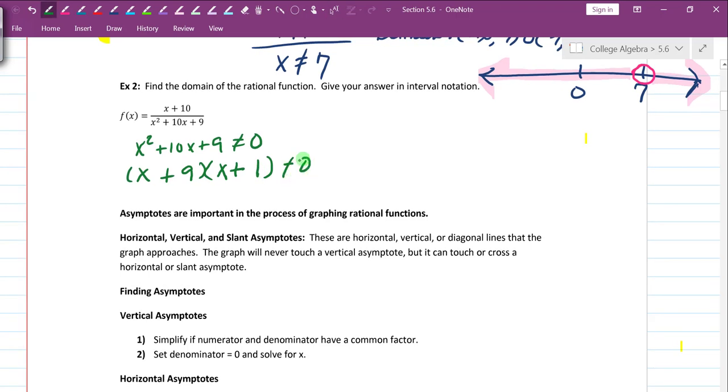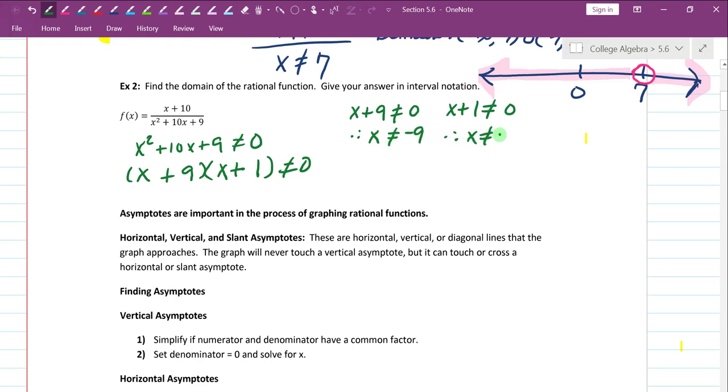So we set each factor: x plus 9 cannot equal 0, and x plus 1 cannot equal 0 when we're looking for the domain. Therefore, x cannot equal negative 9, and x also cannot equal negative 1.